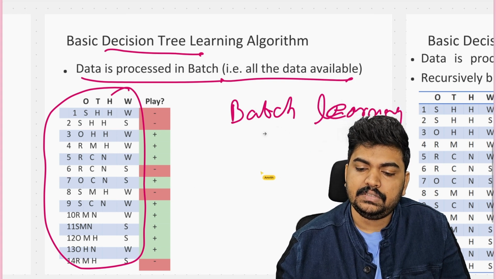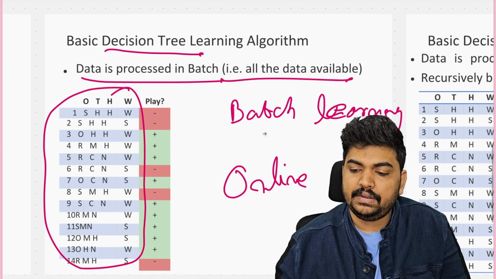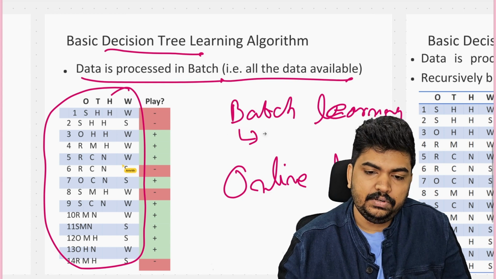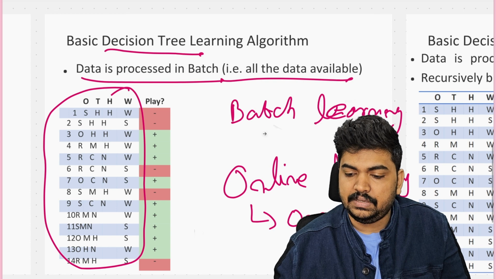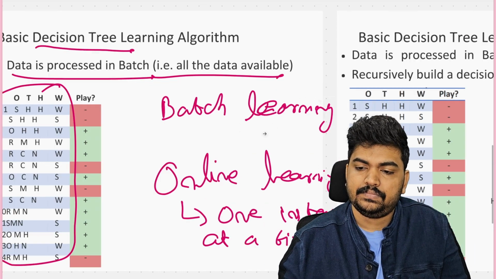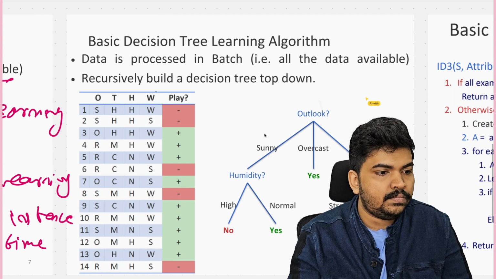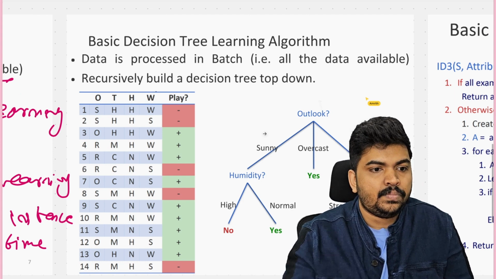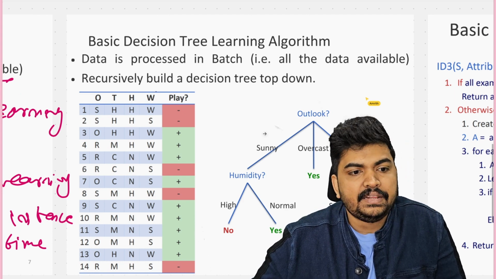An alternative is the online learning algorithm, where data is processed one instance at a time. So this is a batch learning algorithm.